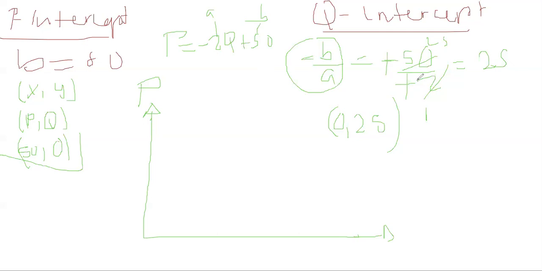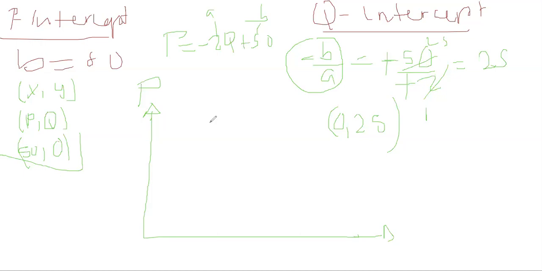When you are always trying to find the q-intercept, it should be minus b over a. Exactly. That's why I was asking you, do you notice any issue with the equation? So the q-intercept, I repeat again, is minus b over a, not b over a.